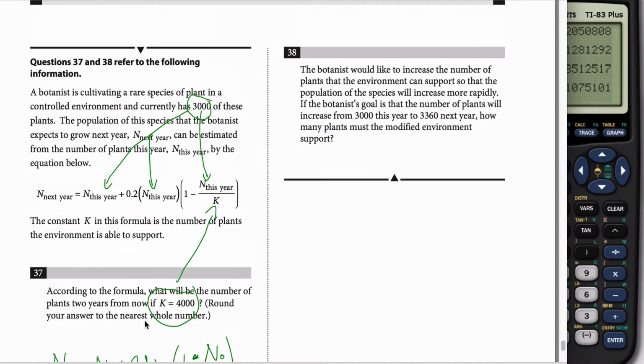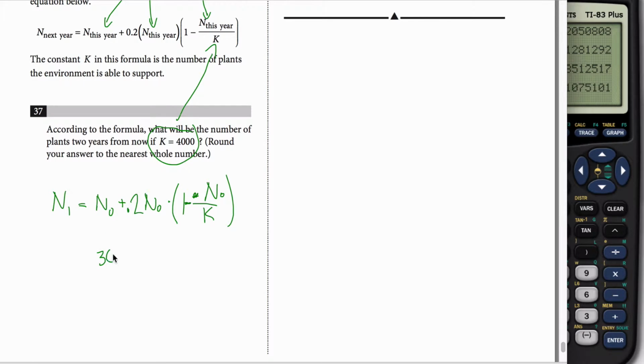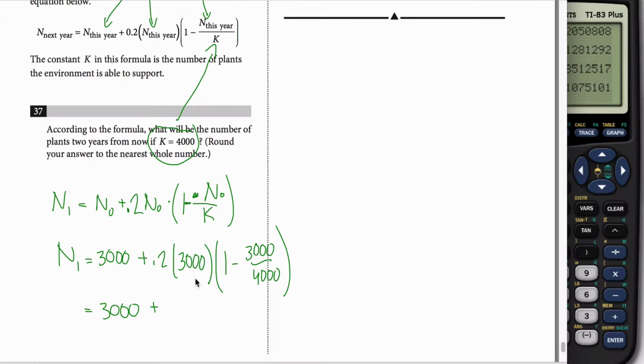So if I plug in, I get 3,000 plus 0.2 times 3,000 times 1 minus 3,000 over 4,000. And this will give me n1, the number of plants next year. So I get 3,000 plus 0.2 times, this is what, 3/4. 1 minus 3/4 is 1/4.